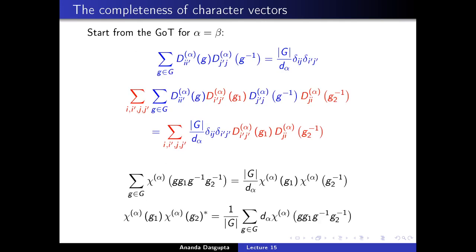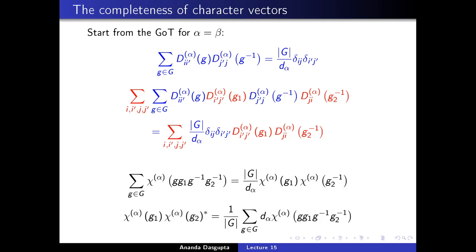Note that what we wanted in our completeness relation proof is chi alpha j star summed over all alpha. We don't have a sum over alpha yet, but we already have chi alpha g1, chi alpha g2 star. Well, g1, g2 are of course just group elements. We will have to see the connection between this and classes soon.